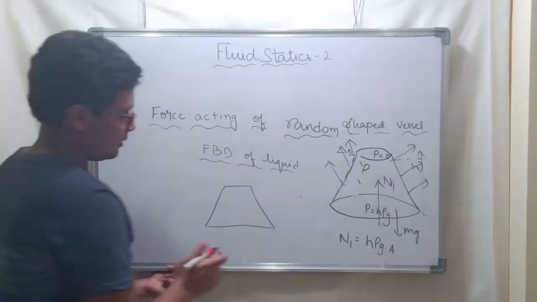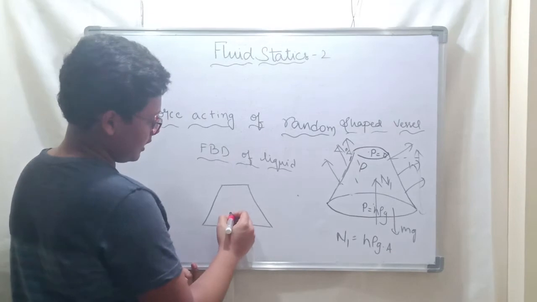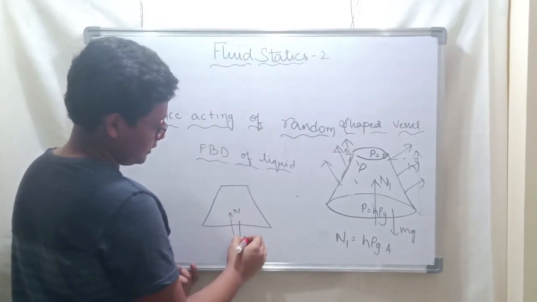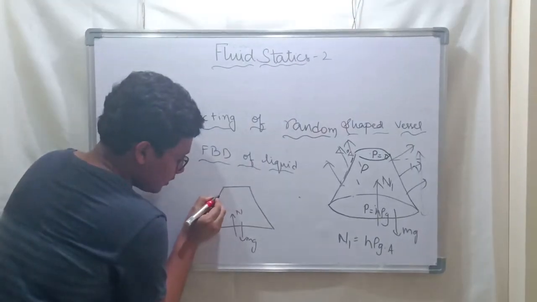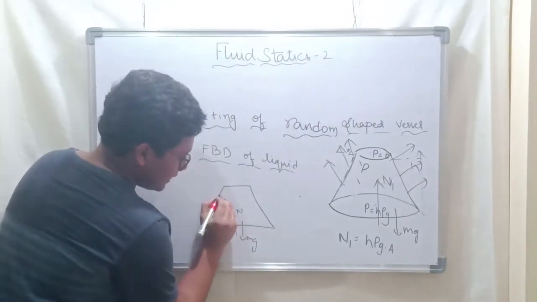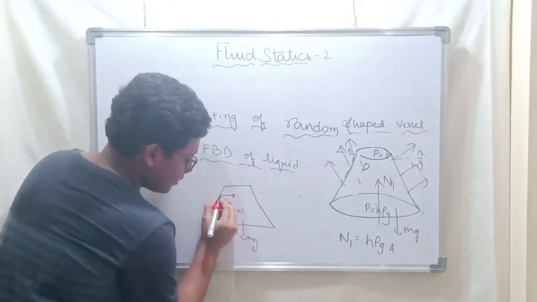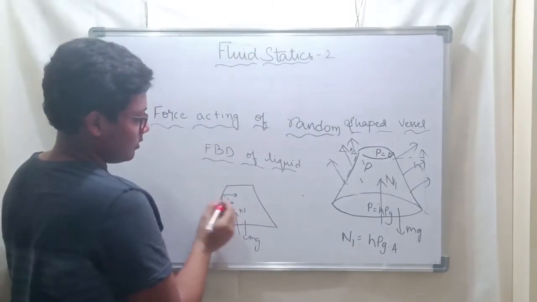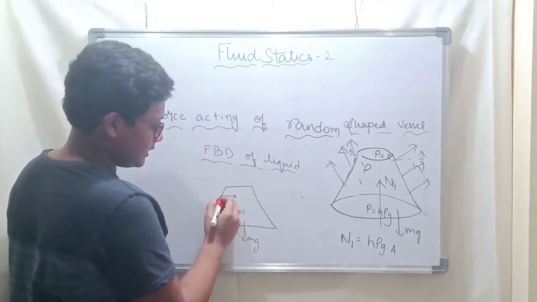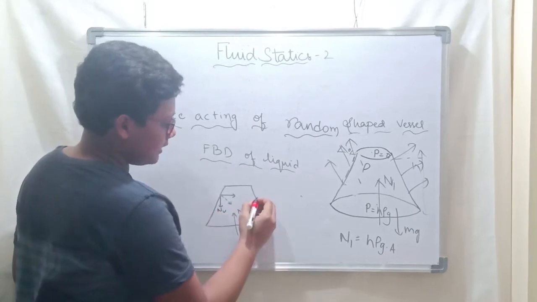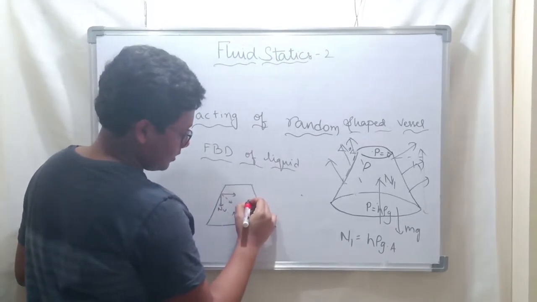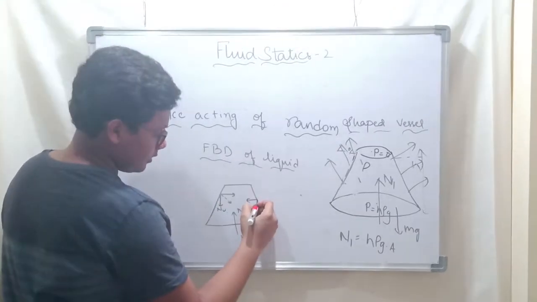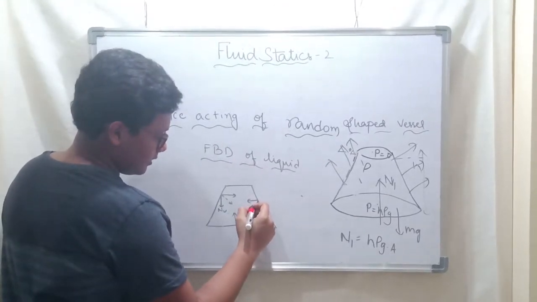This is the free body diagram. N1, mg, you know about that, and here the force is acting in this direction. This is the resultant NV, and here NV1, here also at the same height it is acting.